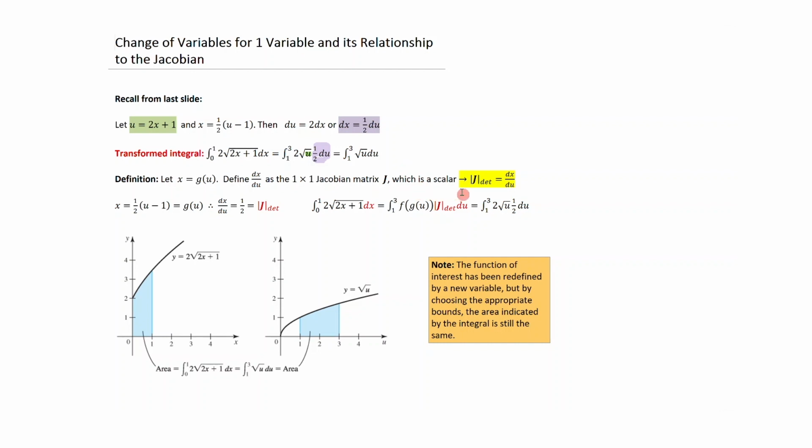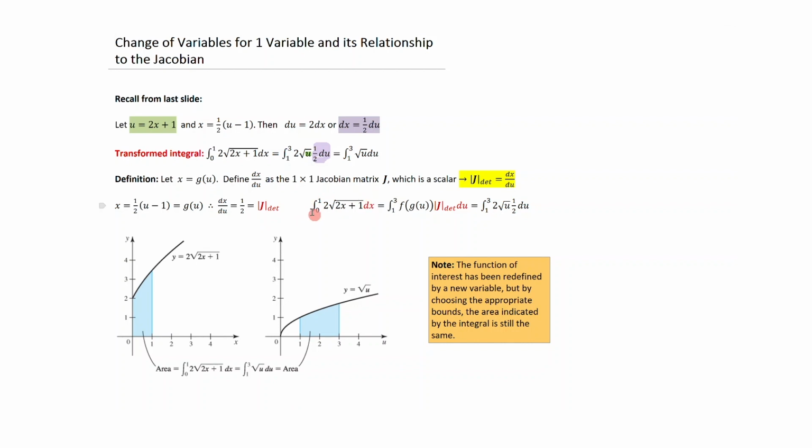If we were to take the determinant of the Jacobian matrix, if it's a scalar, it's more or less the same value. In this case, for a 1-by-1 matrix, basically the determinant is in fact the value itself. So if we were to take the expression for x, dx du, which would be equal to g'(u), that will give you 1/2. And we're saying that that is representative of the determinant of the Jacobian matrix.